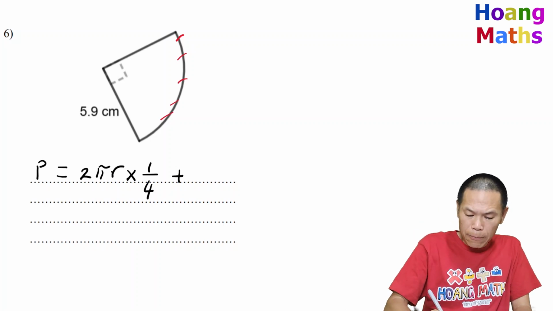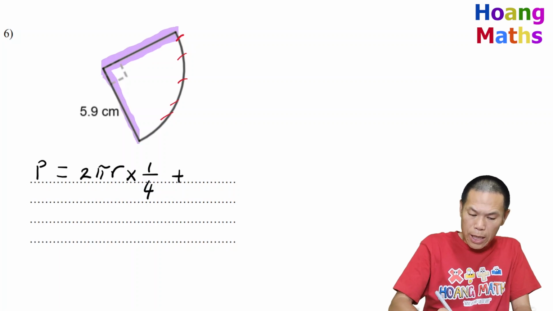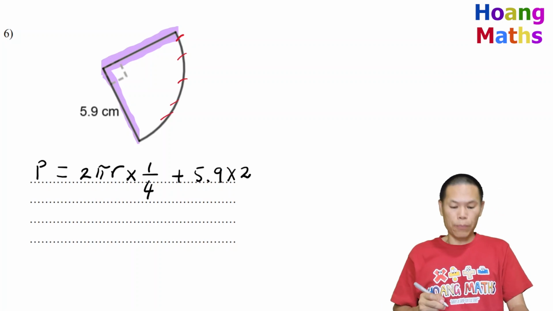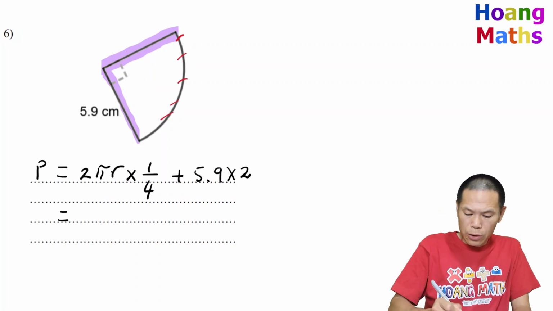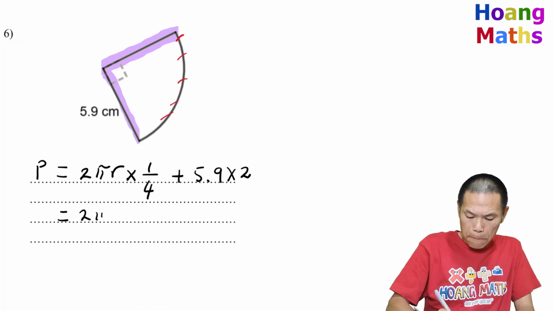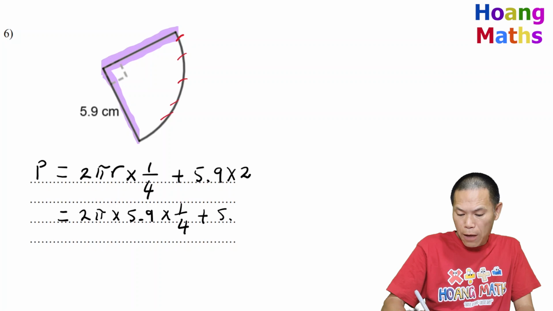And then we add this length here, this 5.9 and 5.9 centimeters. 5.9 times 2, because there are 2 lots of them. So the radius is 5.9. That means 2 pi times 5.9, we times 1/4, and we add 5.9 times 2.